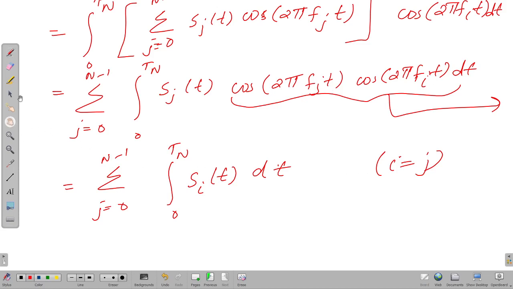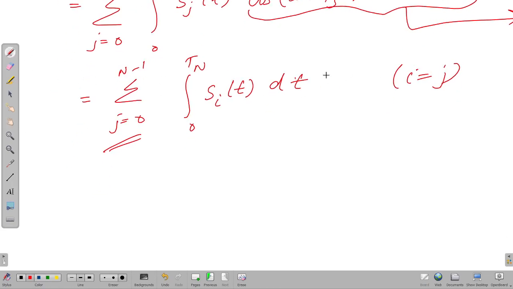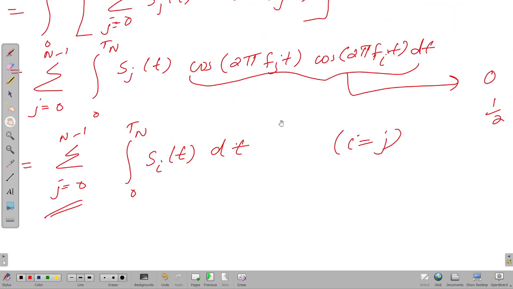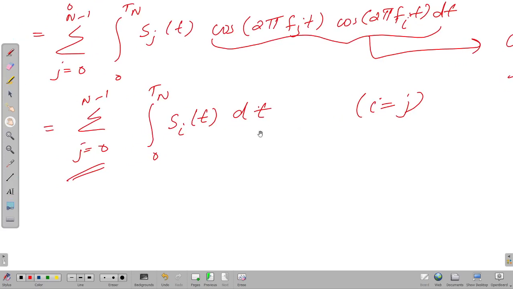And so this summation is cancelled off because this works for only one value, i equal to j, and for all the other subcarrier frequencies this result is 0. Only for i equal to j you will have the symbol, so this is equal to Si.